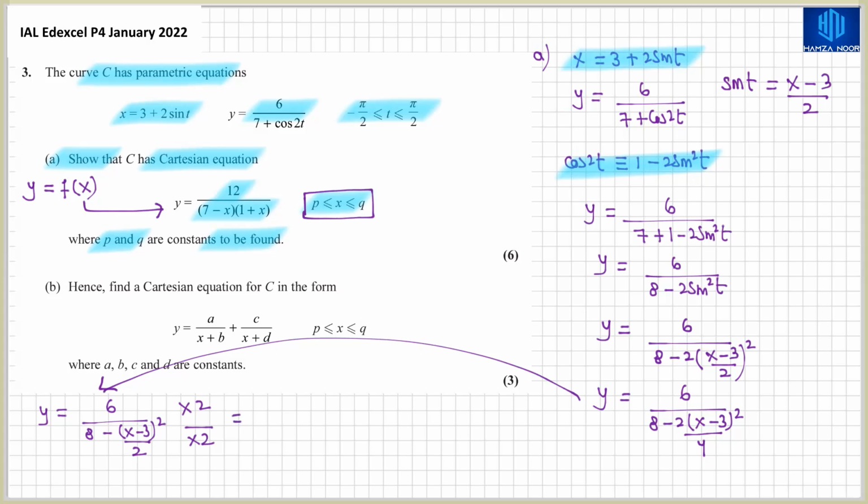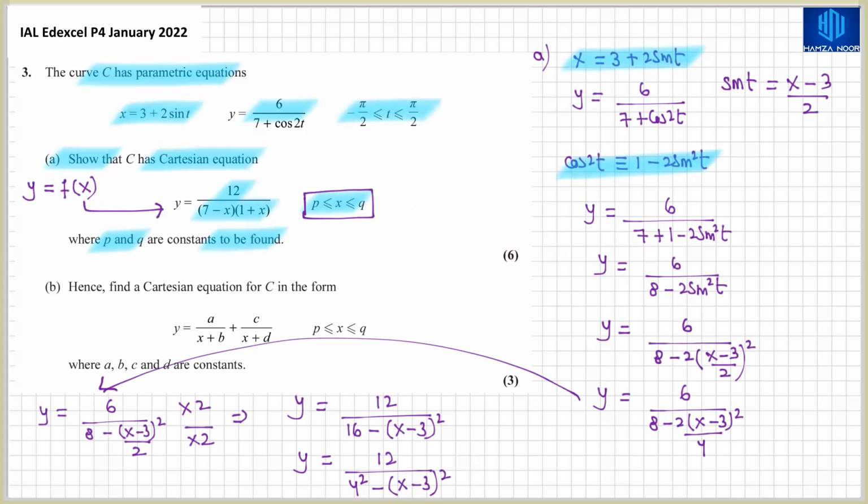So y is equal to 6 times 2 is 12, so 12 in the numerator, divided by 16 minus (x minus 3) whole squared. Now this is basically the form of the difference of squares. So y is equal to 12 divided by 4 squared minus (x minus 3) whole squared.